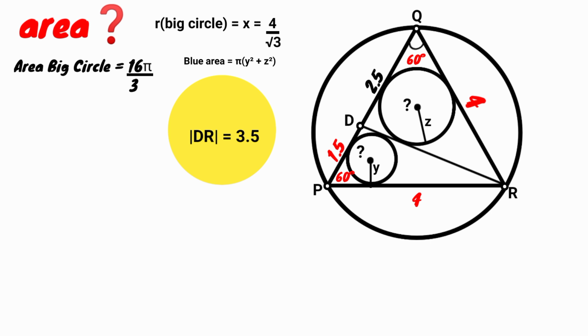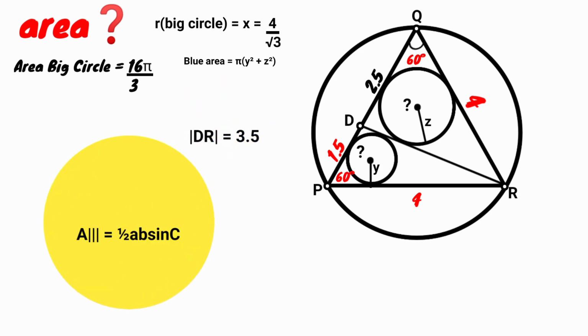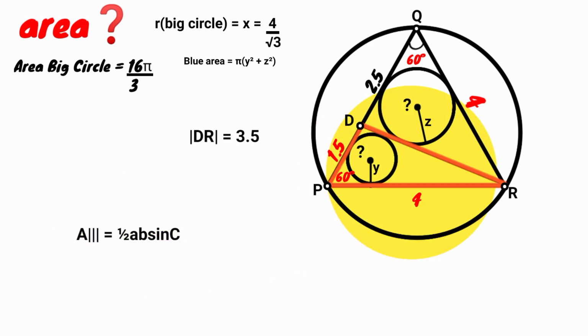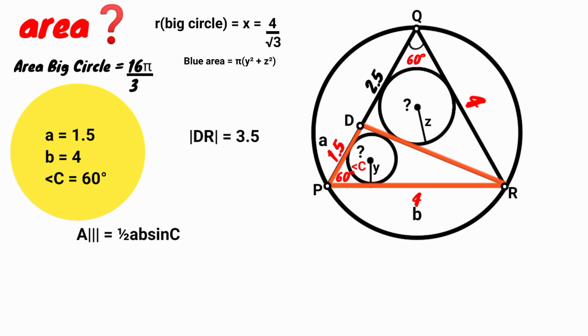Recall, the formula for calculating the area of a triangle is 1 over 2 AB sin C, where A and B are representing the length of two sides of the triangle, while angle C is the angle between the two sides. So for this triangle DPR, if we take this as A and this as B, this must be angle C. So A equal to 1.5, B equal to 4, and C equal to 60 degrees.